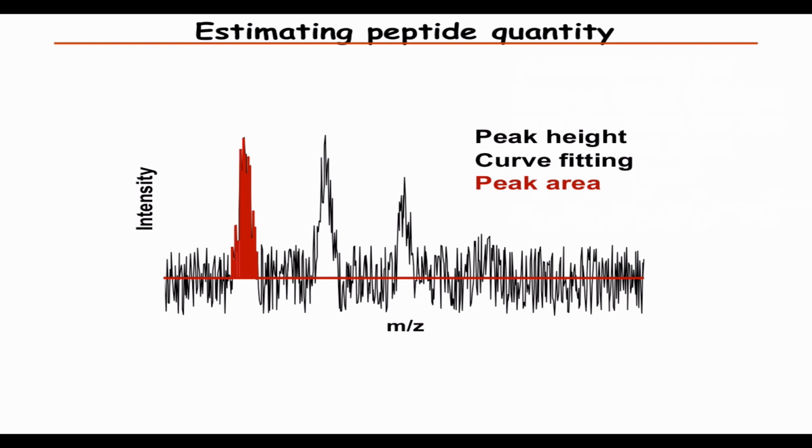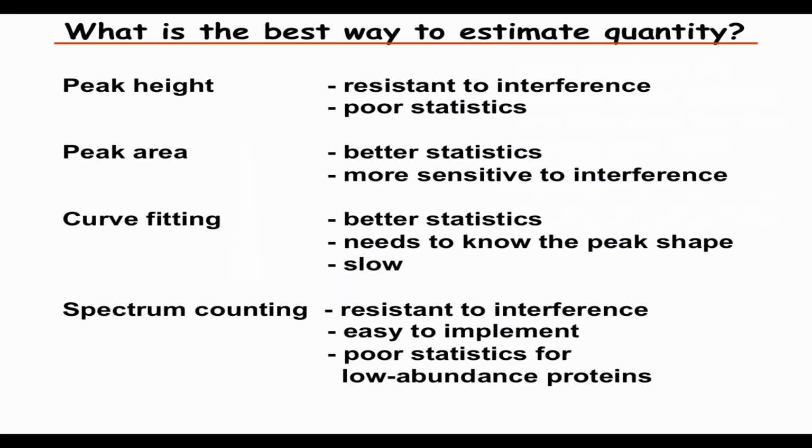There are both advantages and disadvantages for each of these. In general, the advantage of the peak height is that it's resistant to interference. Let's say we have a peak and then there is a shoulder on it from another peak.